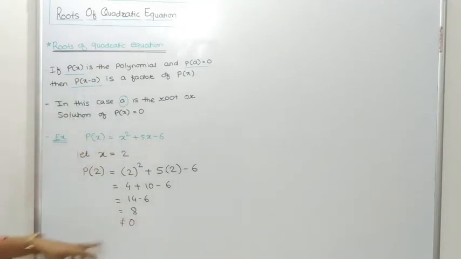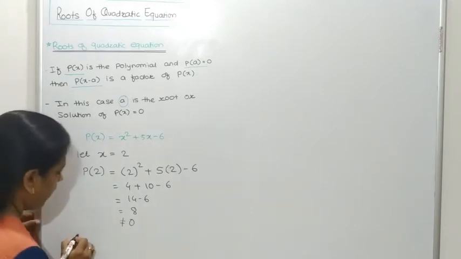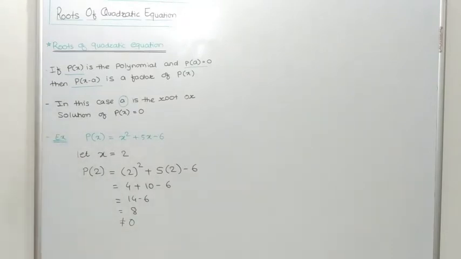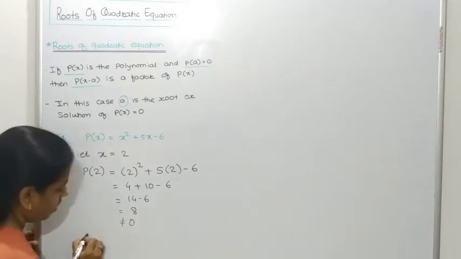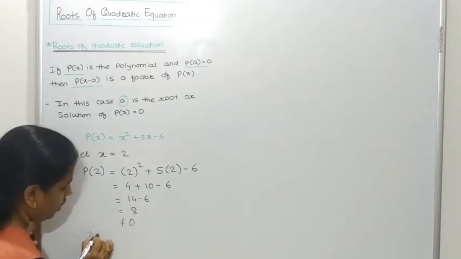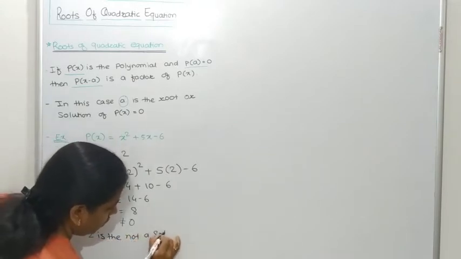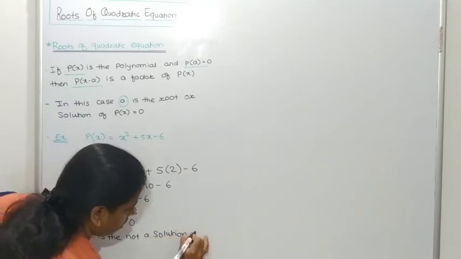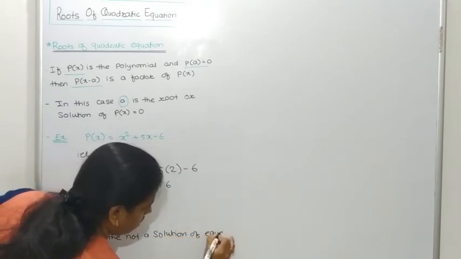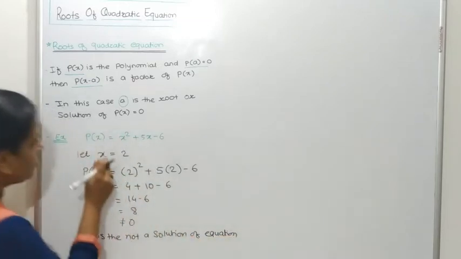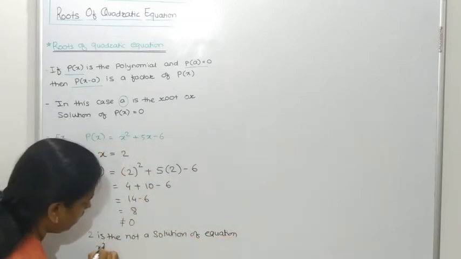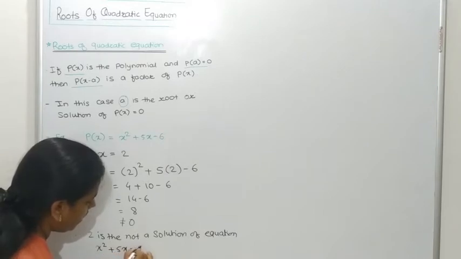So we can say that 2 is not a factor of p of x. Therefore we can write it as: 2 is not a solution of the equation x square plus 5x minus 6.